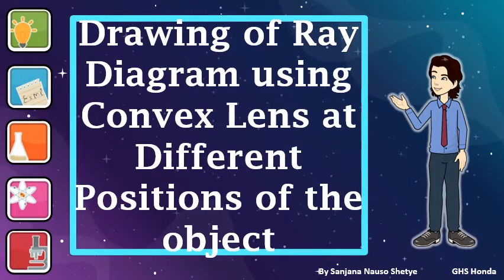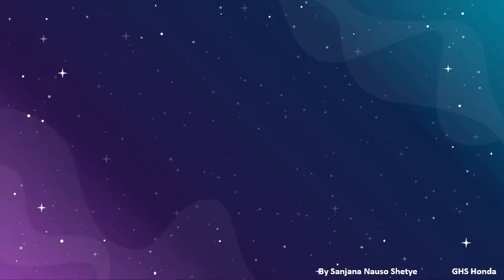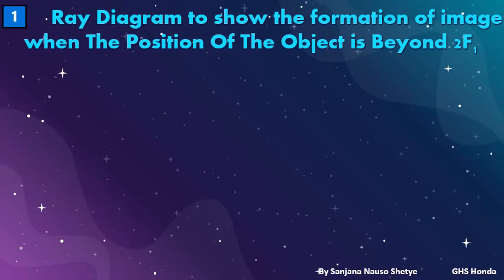Now let us learn to draw a ray diagram using convex lens at different position of an object. First, ray diagram to show the formation of image when the position of the object is beyond 2F1.